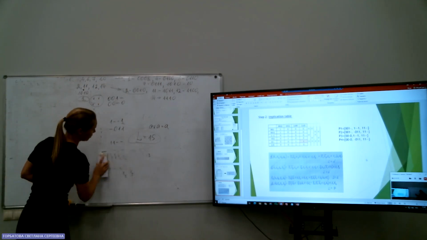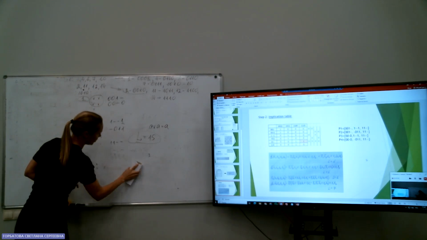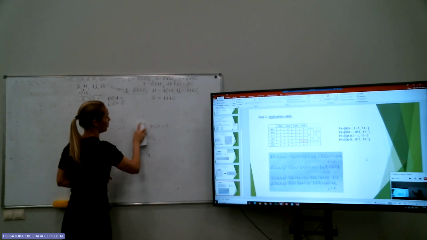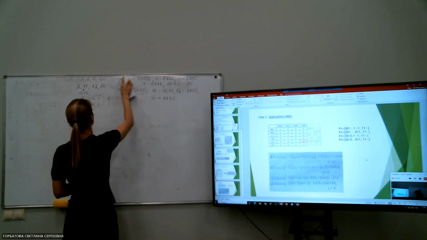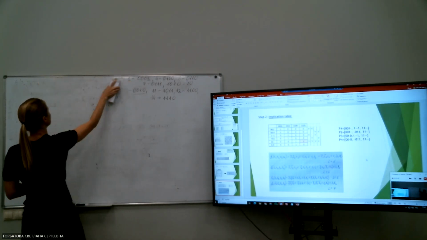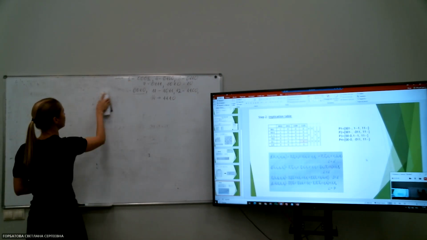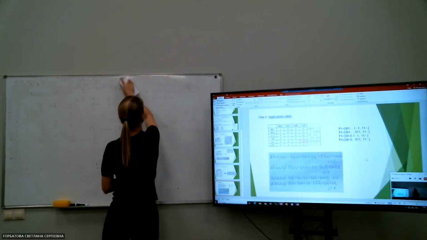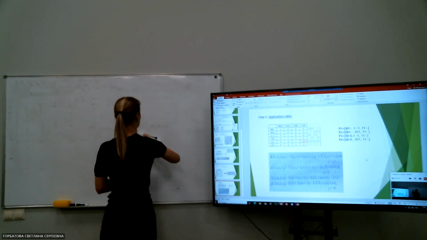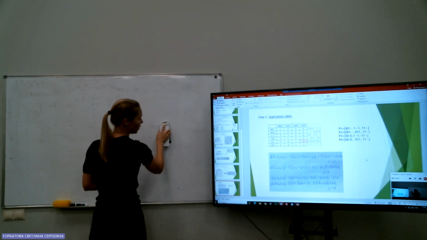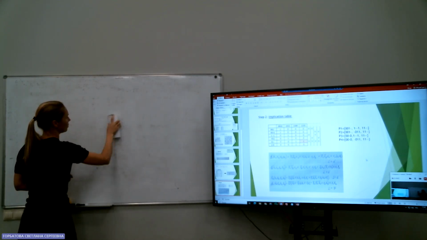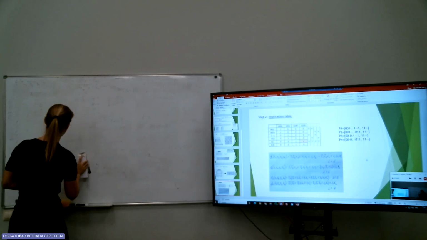And we use for this aim implication table. Rows, it is our intervals from the previous step.